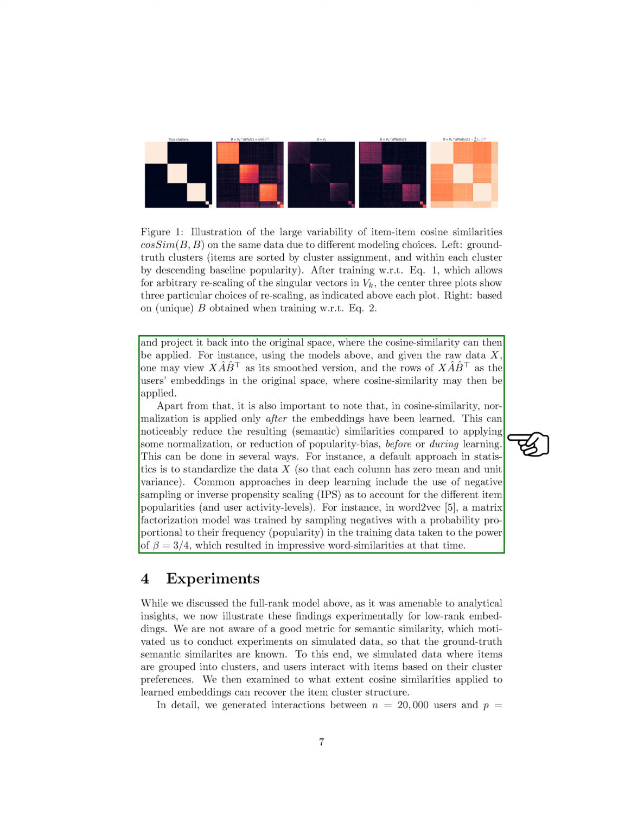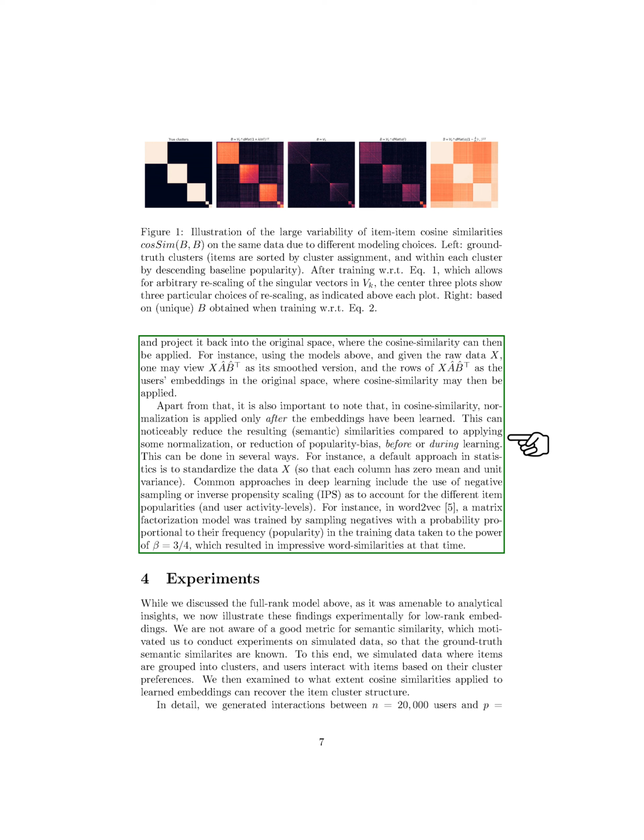It's worth noting that normalization in cosine similarity is typically applied after the embeddings have been learned, which can impact the resulting semantic similarities. Furthermore, we discussed various techniques such as standardizing the data, negative sampling, or inverse propensity scaling to address issues like popularity bias. These methods can enhance the quality of semantic similarities in practice.